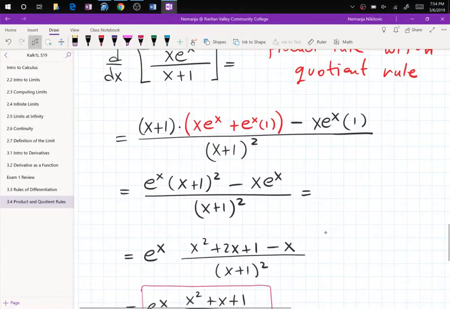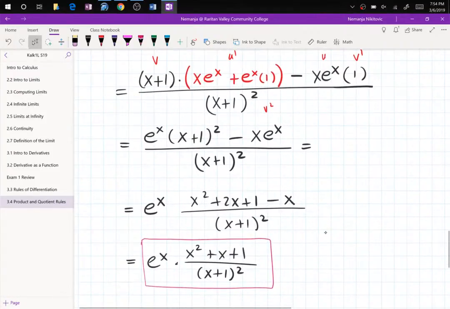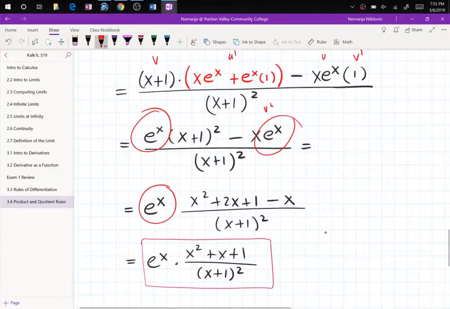So the quotient formula was done as you have a v squared on the bottom, you have a v, you have a u prime, which was a product, and then you have your u, and then you have your v prime. After that is the algebra, right? What I did is I factored out e to the x, which goes in front, and then that's this e to the x, and then you have another e to the x here, and you can factor that all out.